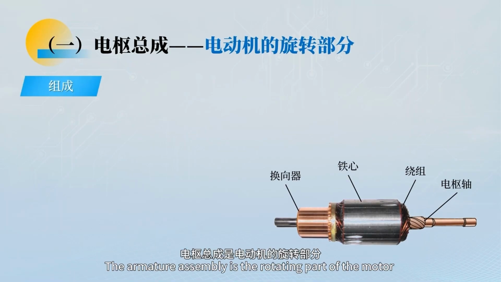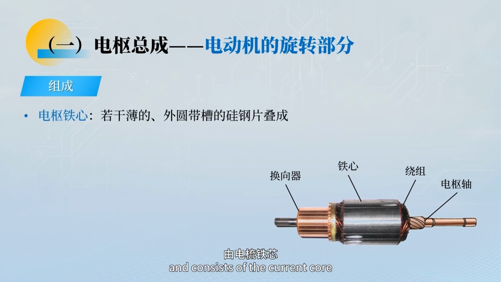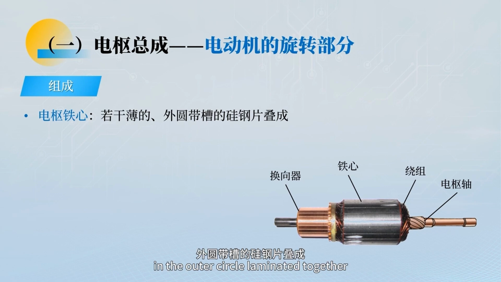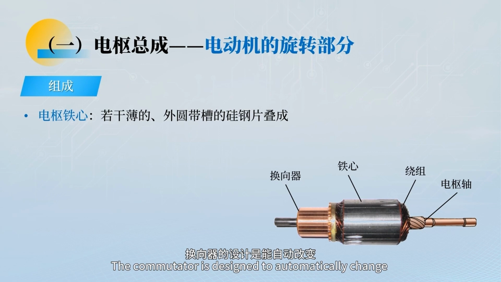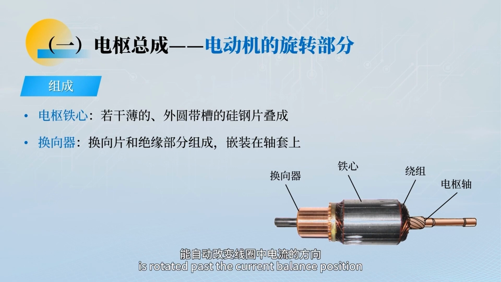The armature assembly is the rotating part of the motor and consists of the armature core, commutator, windings, and armature shaft. The armature core consists of a number of thin silicon steel sheets with grooves in the outer circle laminated together. The commutator is designed to automatically change the direction of the current in the coil when the rotor winding is rotated past the current balance position.